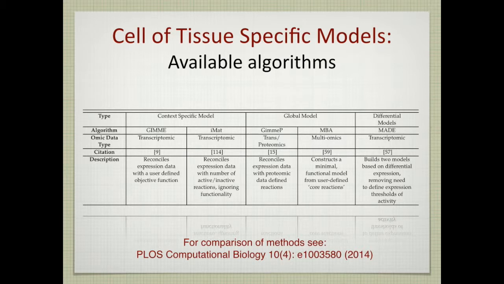For a cell like the red blood cell, this is very easy, or the platelet, there's no nucleus, so there is no mRNA. You do a deep proteomic profile, then you can map those peptide fragments onto Recon 1 and build a functional model. And that's also enabled in part by the fact that the metabolism in those cells is relatively simple, it's highly customized. So that's an example of specialization.